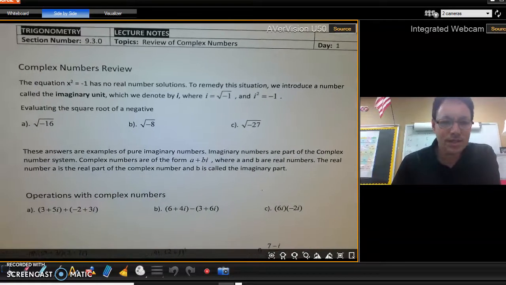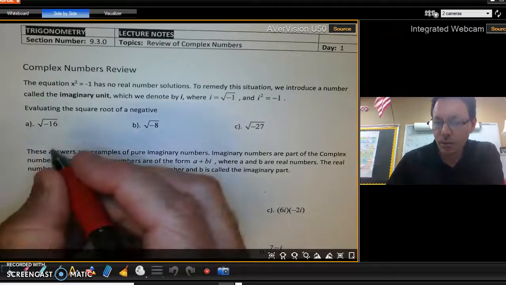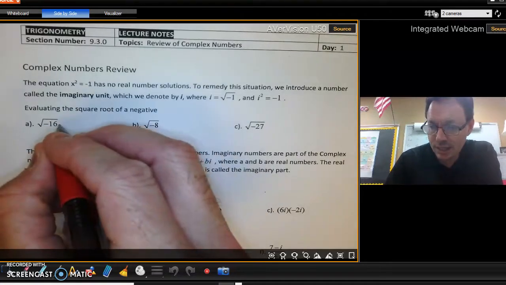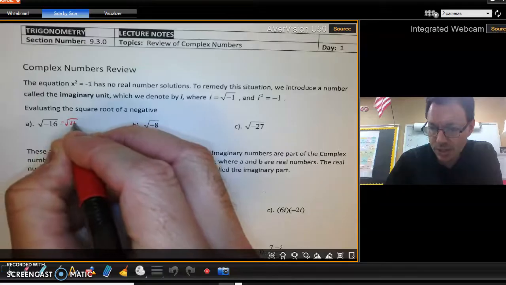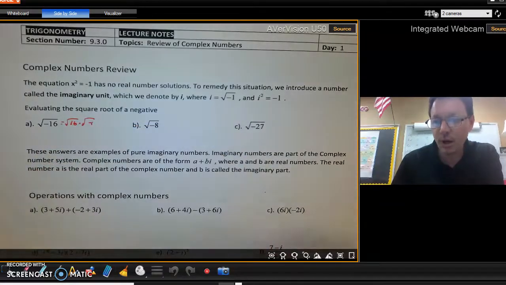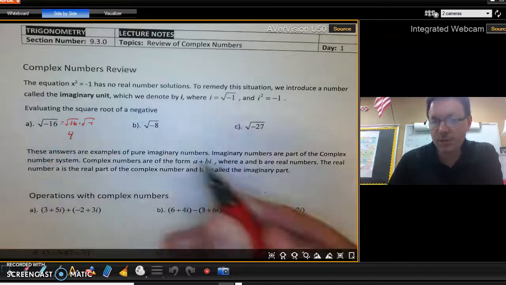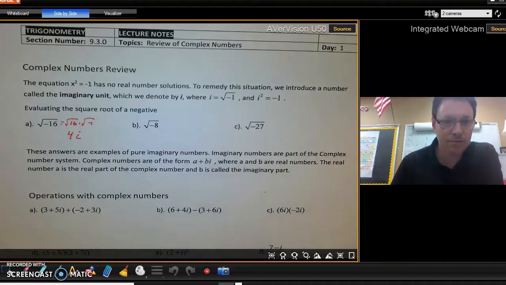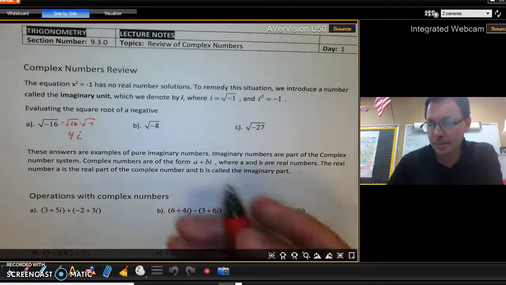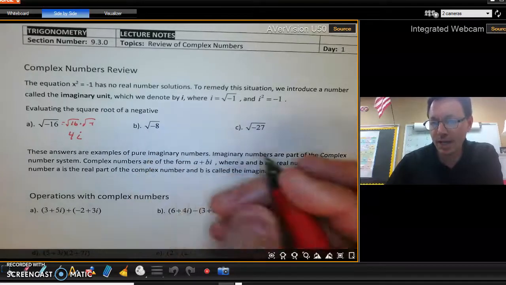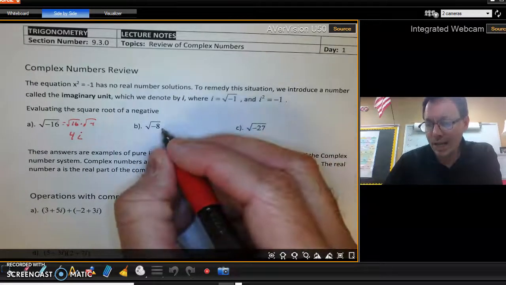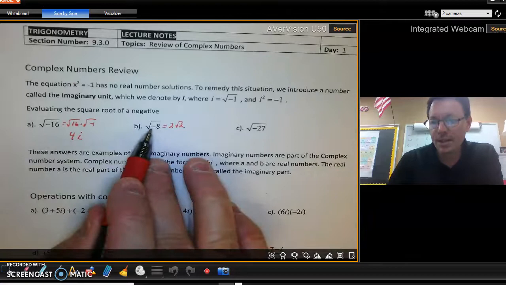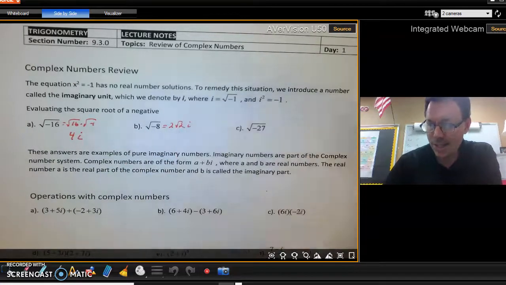And what that does is it allows you to evaluate negative square roots. So you think of something like the square root of -16 as the square root of 16 times the square root of -1. The square root of 16 is 4, and the square root of -1 is our imaginary unit i, and you get answers like 4i. Example B, the square root of -8. We know that the square root of 8 simplifies as 2 radical 2, and the negative in there is going to be our unit i.